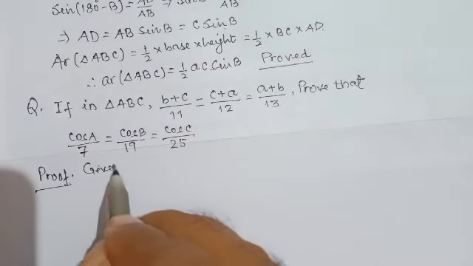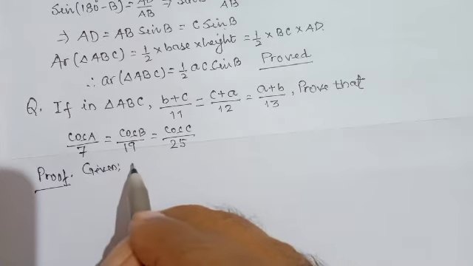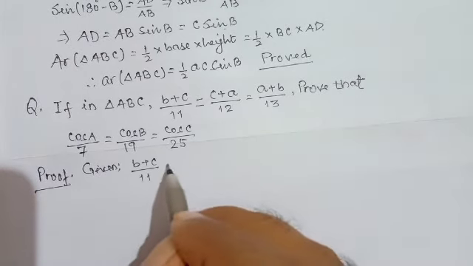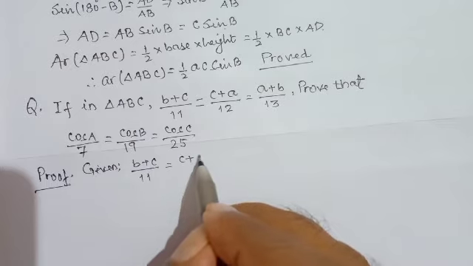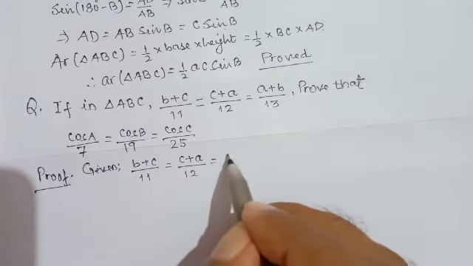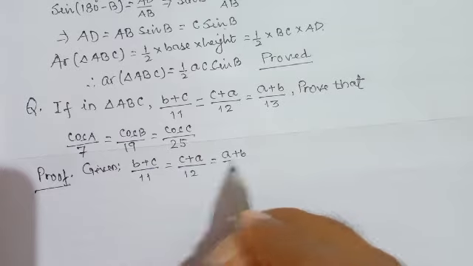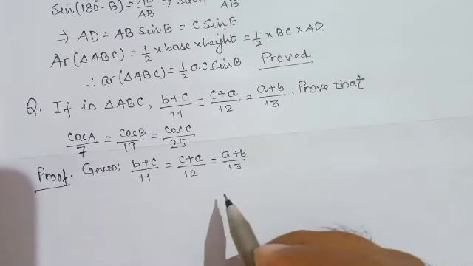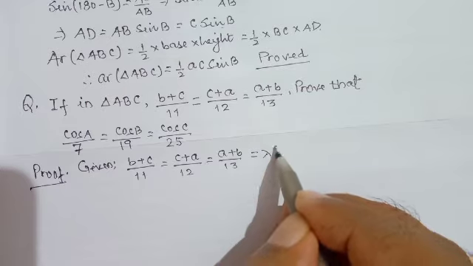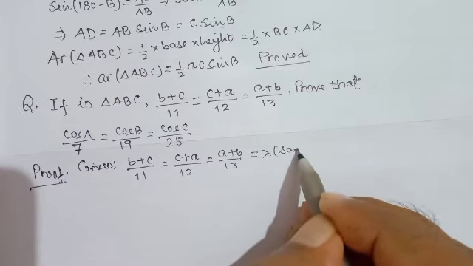It is given that (B plus C) upon 11 is equal to (C plus A) upon 12 is equal to (A plus B) upon 13. So consider this as lambda, say or suppose.